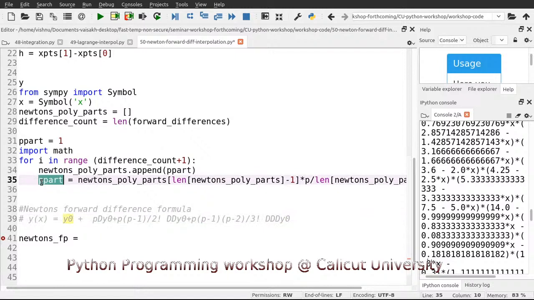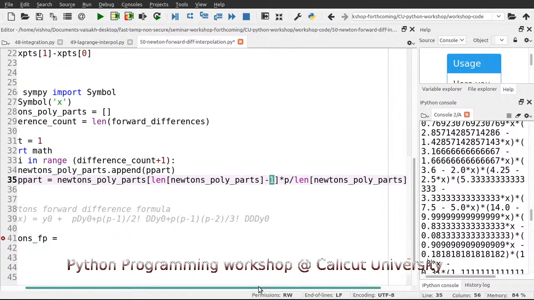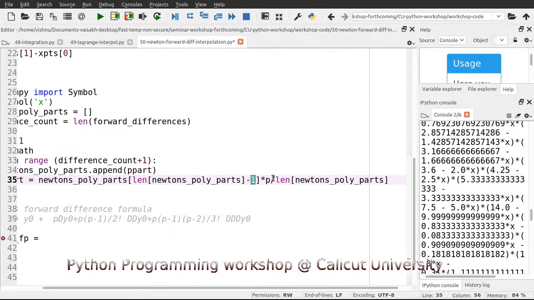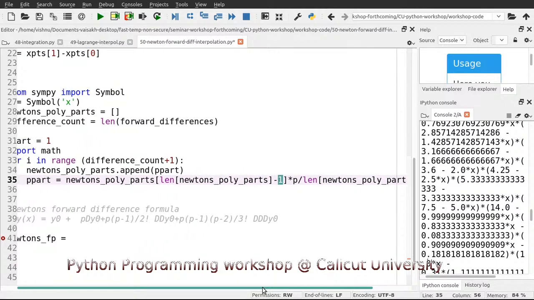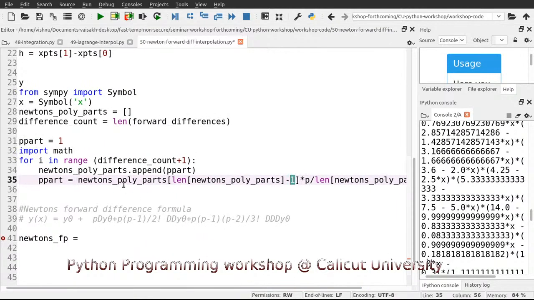Secondly, the next p part is taken to be, so the previous p part, which is Newton's polynomial parts, the length of Newton's polynomial parts is at present 1. So minus 1 means that it is the 0th element, which is already 1. So with that, we are multiplying p by 1. After that, it already consists of p by 1.